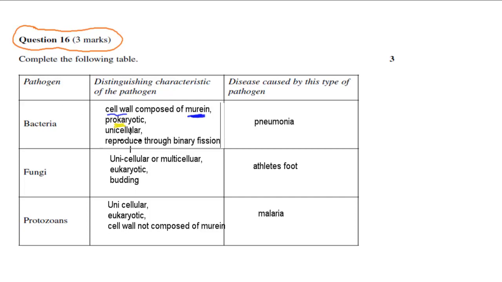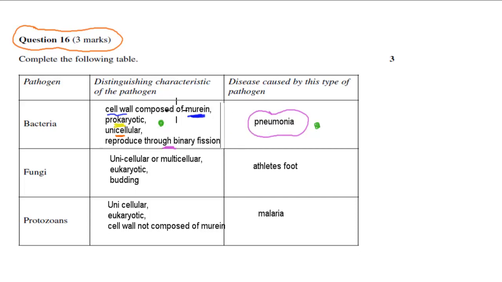They are unicellular, and they can reproduce through binary fission. Right? The disease caused by this pathogen would, for example, be pneumonia. And there's a few more characteristics, and obviously a lot more diseases as well caused by bacteria, just to name a couple. Right, so if you didn't have any of these, but you had different ones that would still fit, then no problem at all.